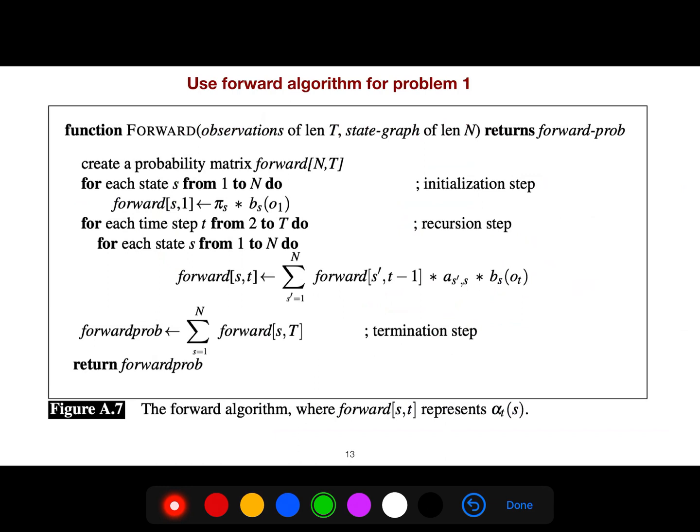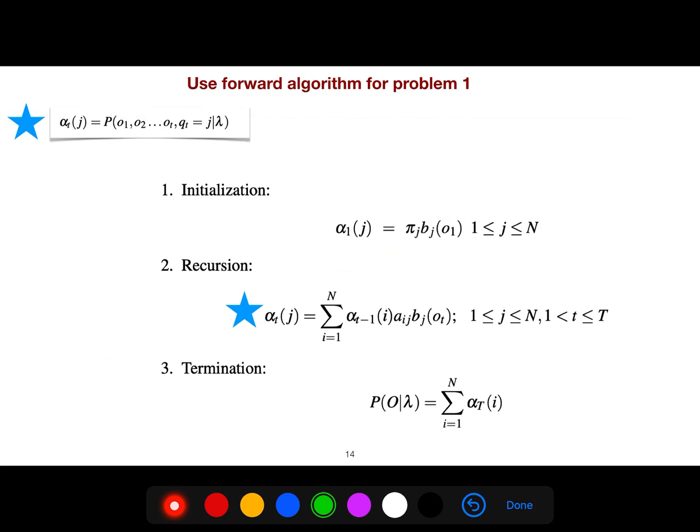You see the probabilities are just multiplications of them in order to construct alpha_t(j). And so this is the forward algorithm. As I said, you multiply the transition by the emission and by the alpha from the previous step, and you get the alpha in the next step. You iterate, and you can calculate and save all of the alphas. Alpha is just the probability of the observation, with Q_t being in state j at time t.